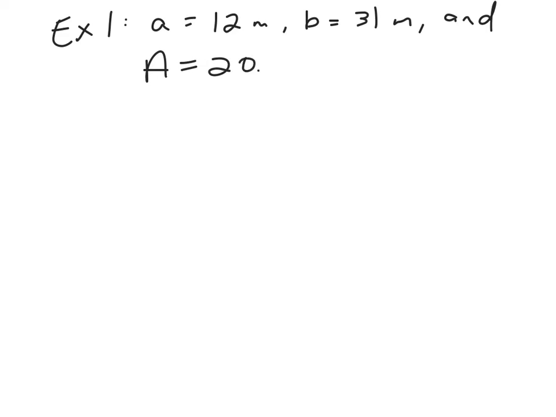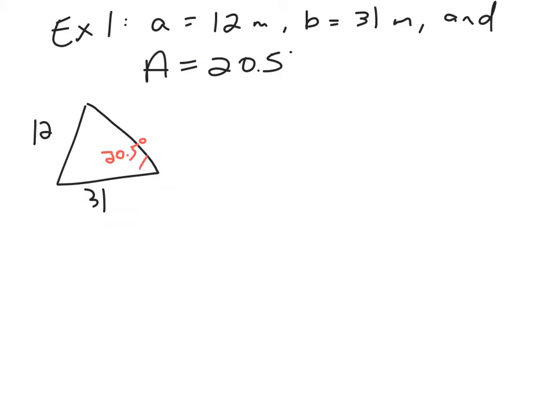Actually, we're going to work with that triangle that we had in the previous example. So let's call little a 12. Little b is going to be 31 meters. And angle A is going to be 20.5 degrees.